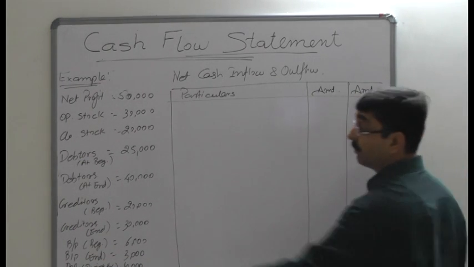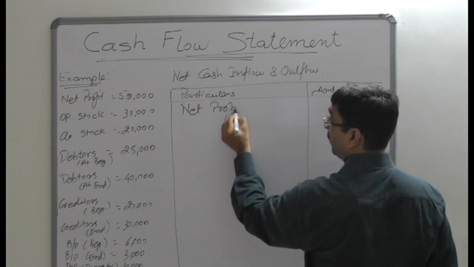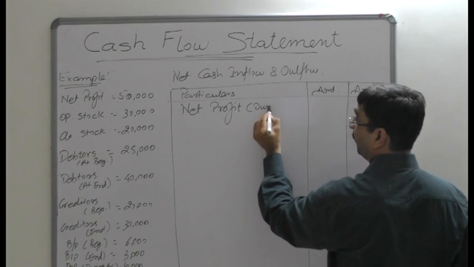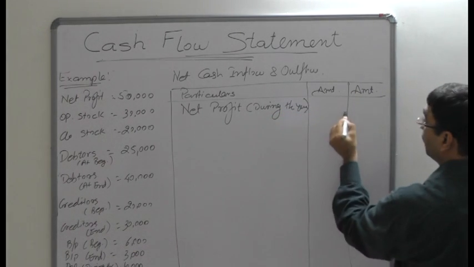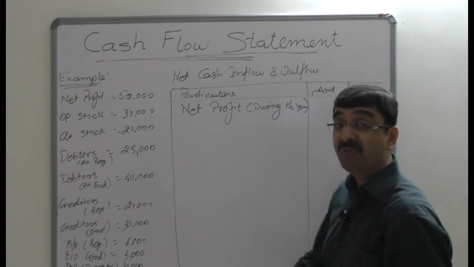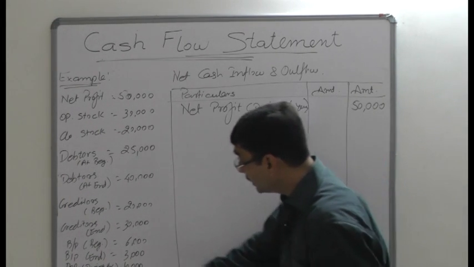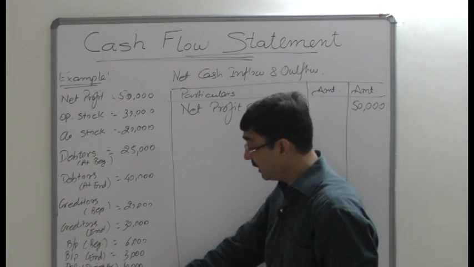Let's begin with the first item. The amount of net profit is given, so start with that. Net profit during the year is rupees 50,000. Now we will take the non-cash items. Only one non-cash item is given, that is depreciation.